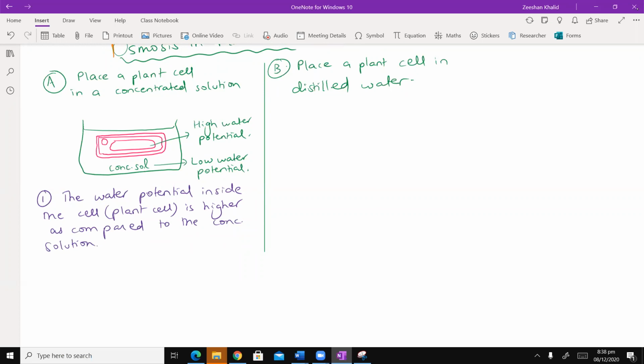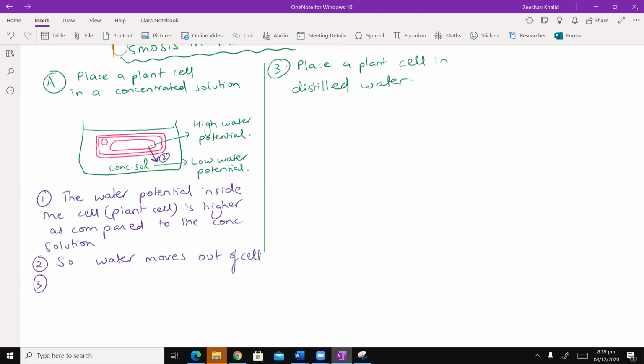Okay. So what happens next is water moves. Where will the water go, kids? Will it move into the plant cell, or do you think it will move out of the plant cell? Outside of the plant cell. Outside of the plant cell, exactly. That's step number 2. So it moves out of the cell, but just saying out of the cell is incomplete.